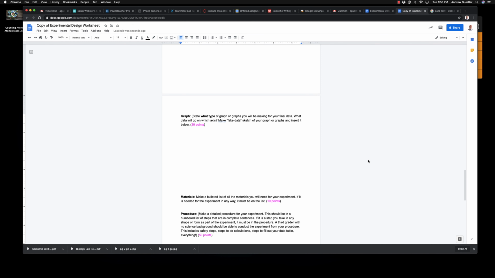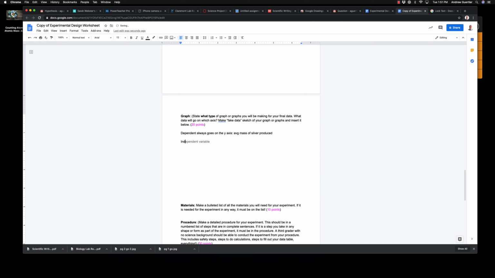We should remember that our dependent variable always goes on the y-axis, which means my dependent variable is going to be my mass of silver, in this case average mass of silver produced. My independent variable goes on the x-axis, which will be my metals.